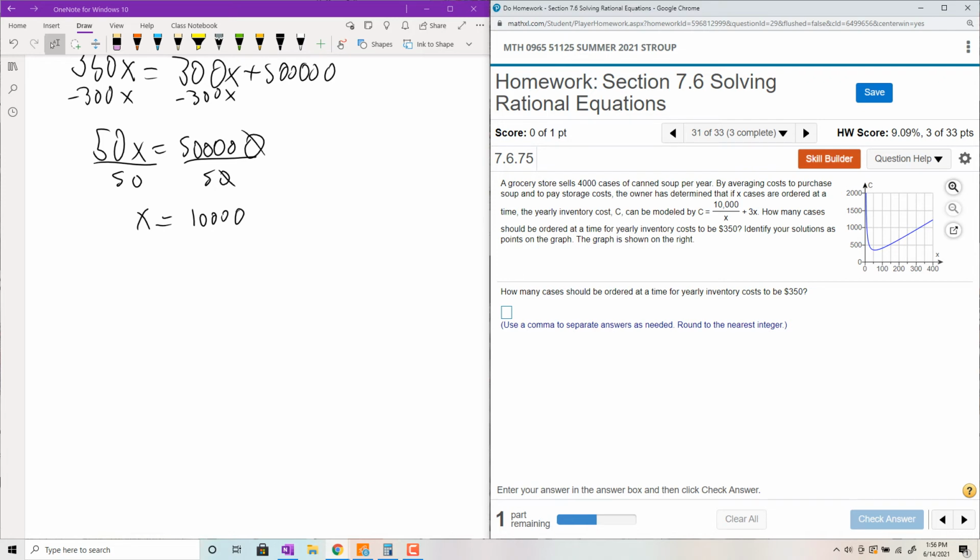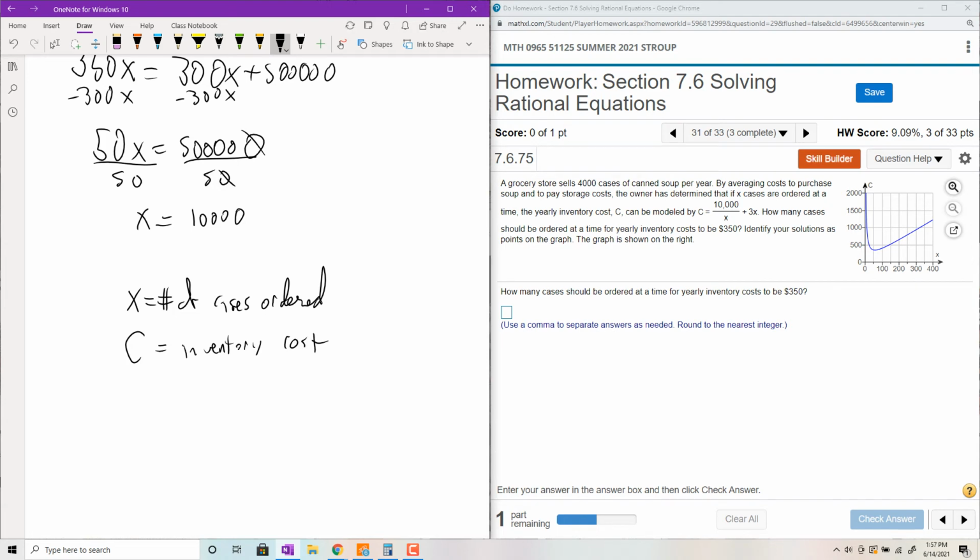By averaging cost to purchase soup and to pay storage costs, the owner has determined that if X cases are ordered at a time, so X is the number of cases ordered, the yearly inventory cost, C, so this is inventory cost, can be modeled by the formula C equals 10,000 over X plus 3X. How many cases should be ordered at a time for a yearly inventory cost to be $350?